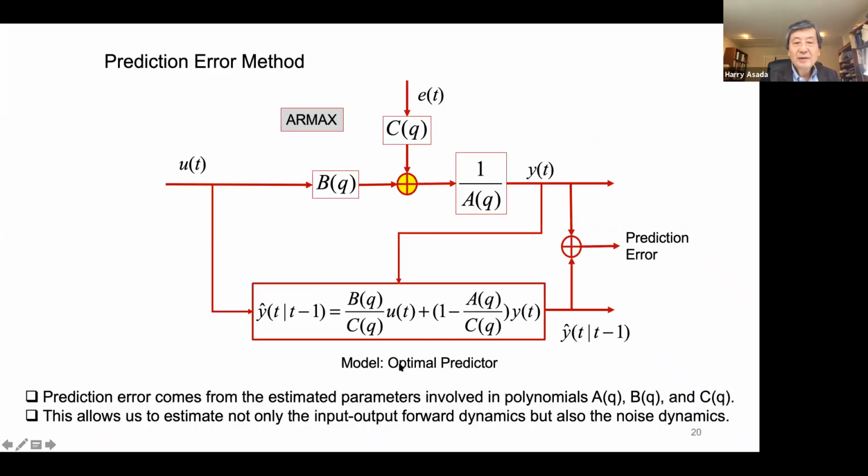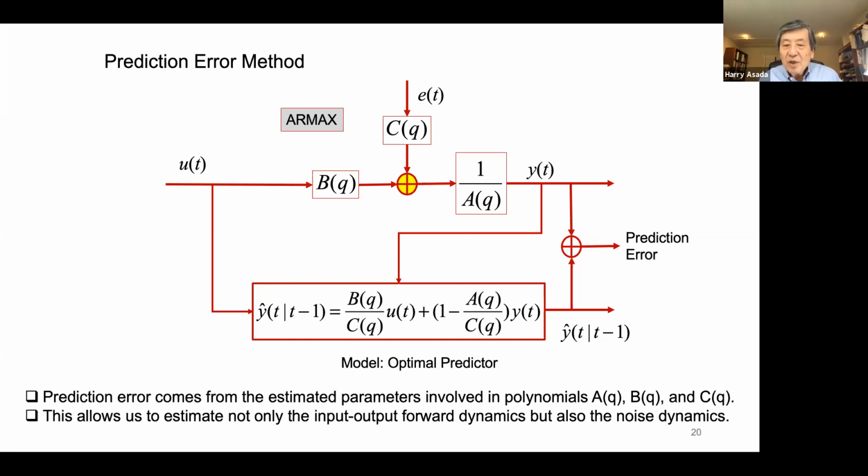Interestingly, here is the actual prediction error method. The upper part is the true system, and the lower part is the model and predictor. Now we found the best predictor, which predicts as well as we can do, to the extent that the prediction error here is supposed to be just white noise.